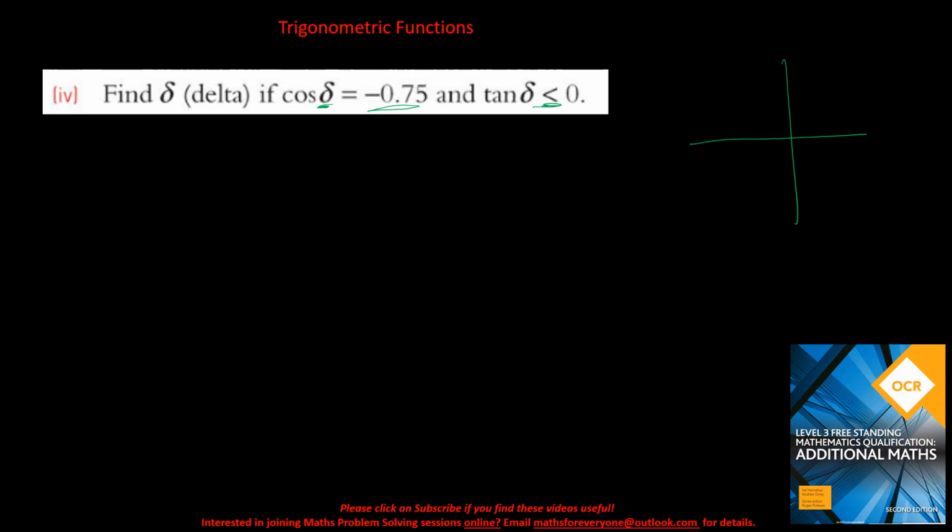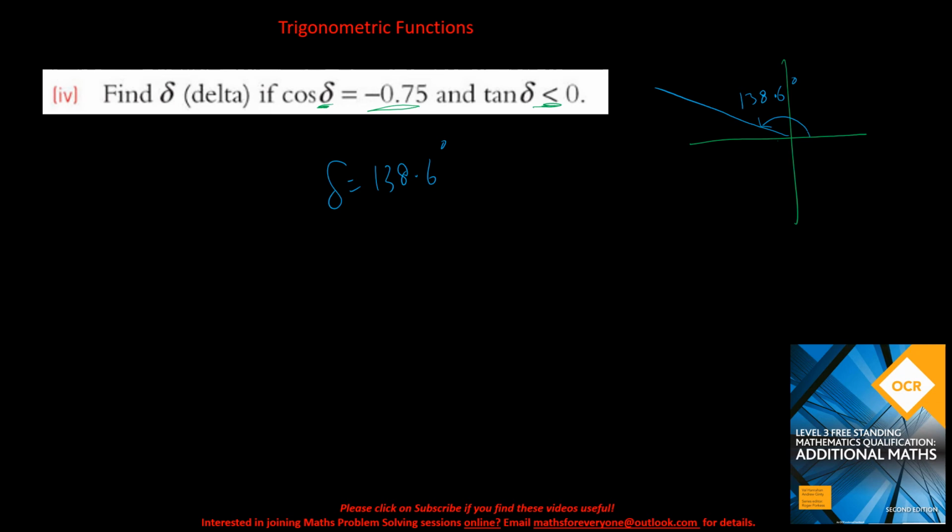So we get delta. The principal angle is 138.6 degrees, and it's second quadrant. So what I'm going to do is, it's going to be this angle, 138.6 degrees.